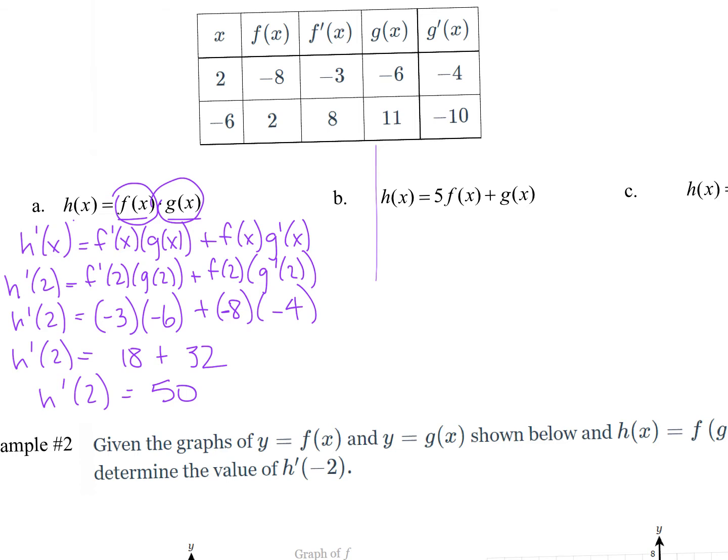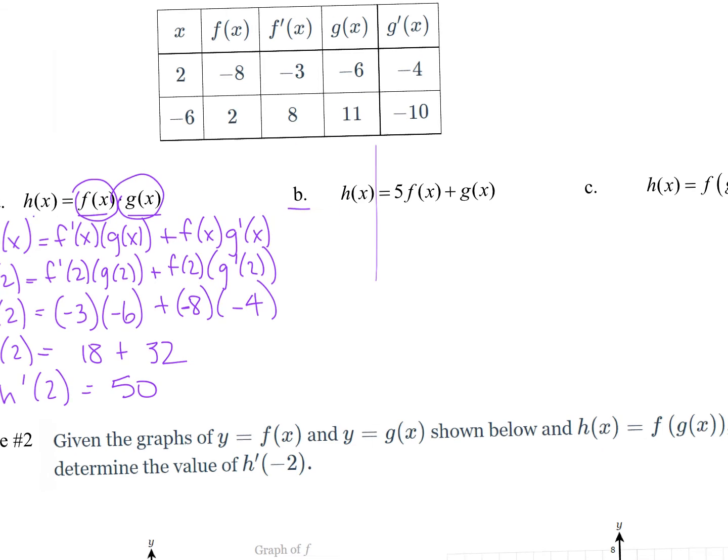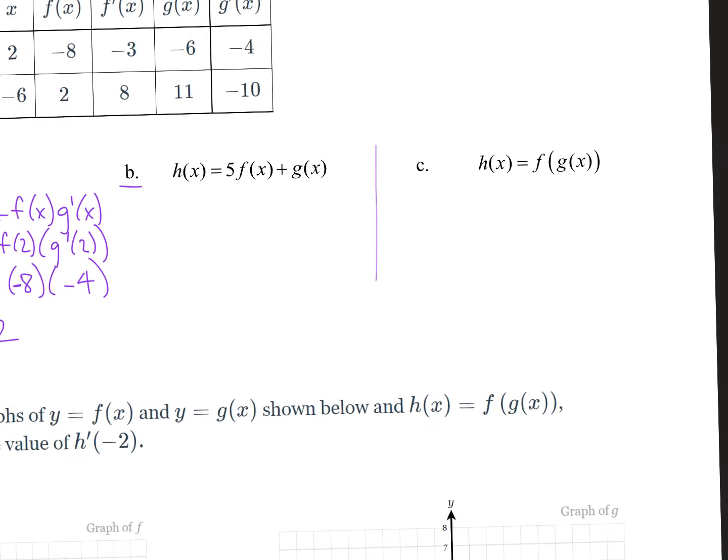Now when we go over to part B, I have a brand new definition of what h is. It's no longer being multiplied. Now I've got 5 times the first function plus a separate function. So I still have to take the derivative. h prime of x is going to equal, now a constant times a function when you take the derivative is just the constant times the derivative of the function, plus the derivative of the second function.